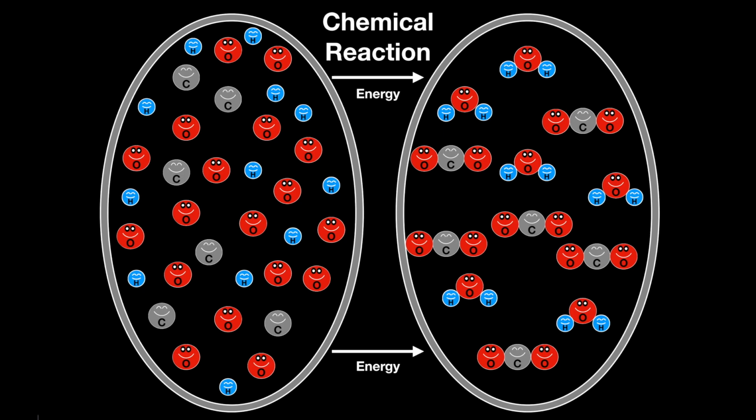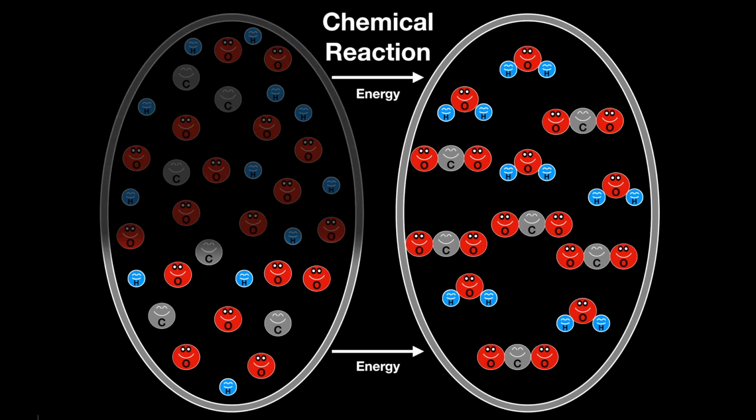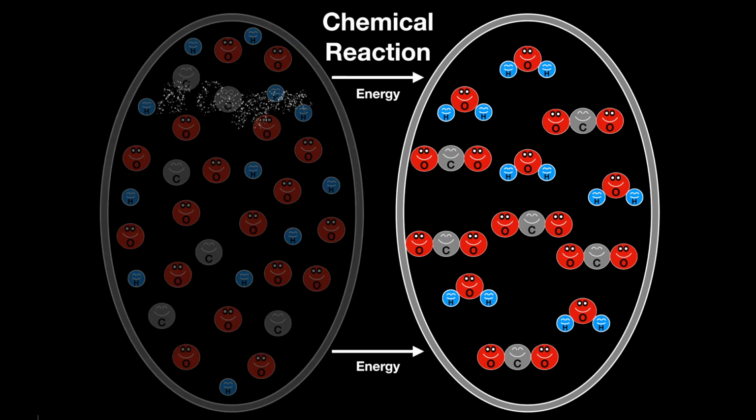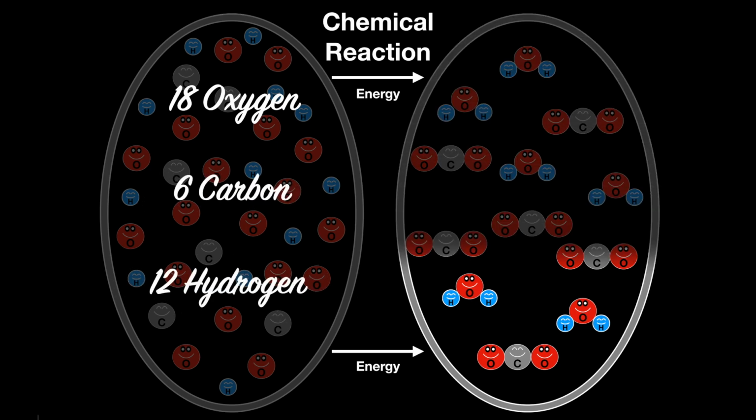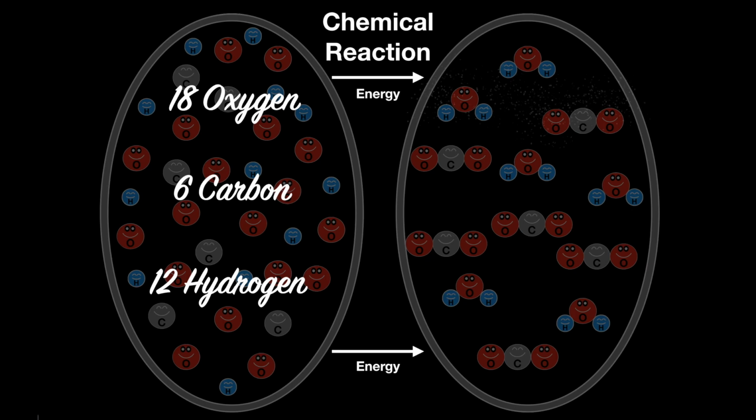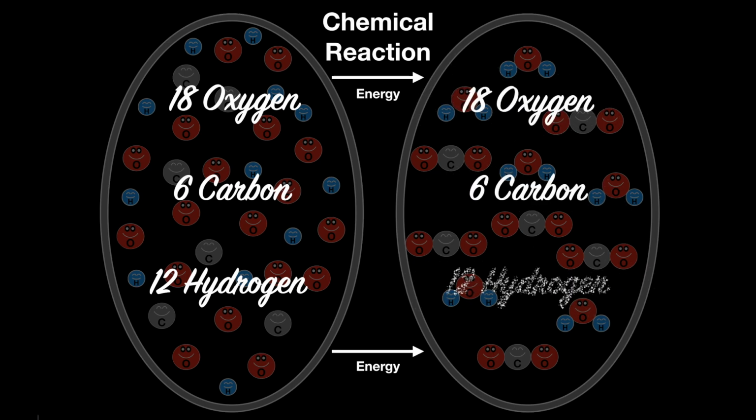Now I've rearranged those atoms into, in this case, water and carbon dioxide molecules. Well, let's look at it. On the left, I had 18 oxygen, 6 carbon, and 12 hydrogen. On the right, again, I still have the same 18 oxygen, 6 carbon, and 12 hydrogen. All I've done is gone through a chemical reaction, added energy, and now I've rearranged them into different things.